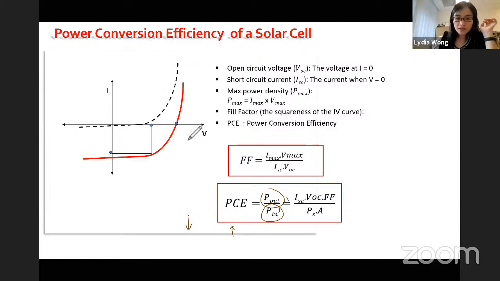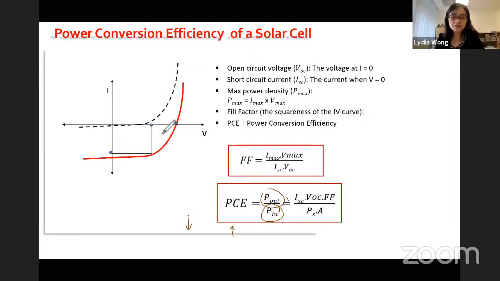And you can measure this using an IV meter, right? This is a Keithley. Usually in your lab, you should have this. In an electrical lab, you should have this. And the behavior of a solar cell is very similar to a diode, a PN junction.